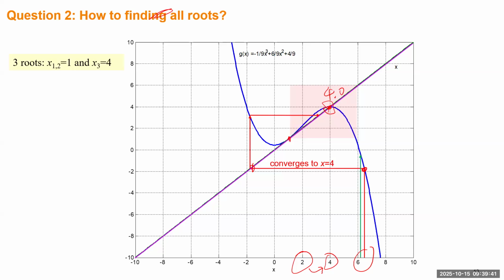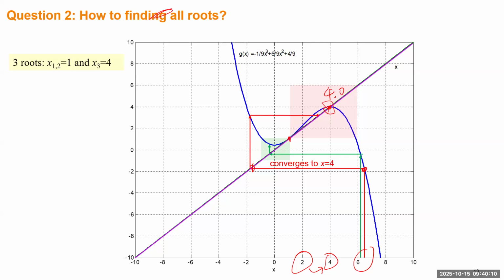So what if we start slightly differently from another estimate? It's still very close to 6, but just slightly smaller than in the first case. If we go up and go to the left, go up, eventually it gets to the other 2 roots at 1.0. This means there's another domain of attraction, shown by this green rectangular area.